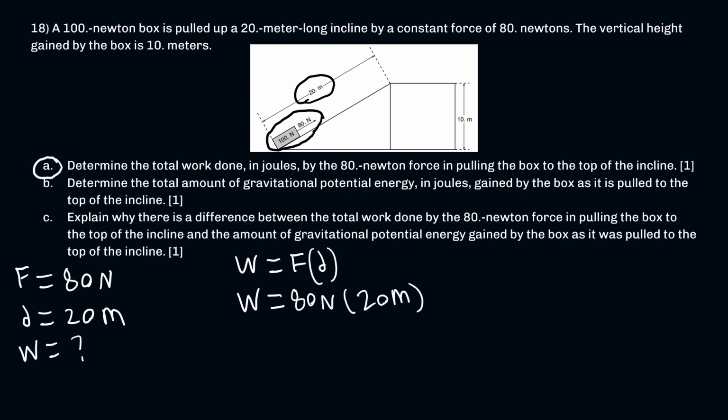And now you're just going to plug this into your calculator, and you end up with 80 times 20, and that is going to be 1,600 joules. All right, so let's move on to part B on the next slide.